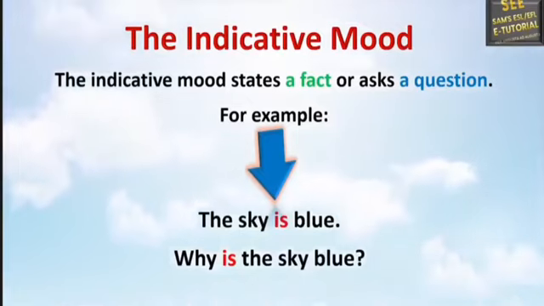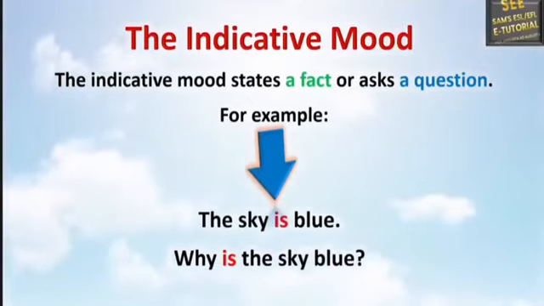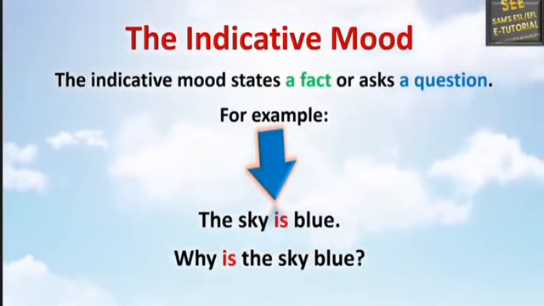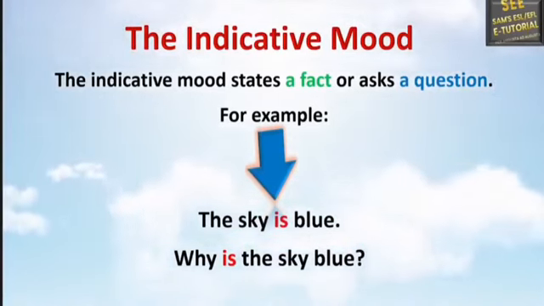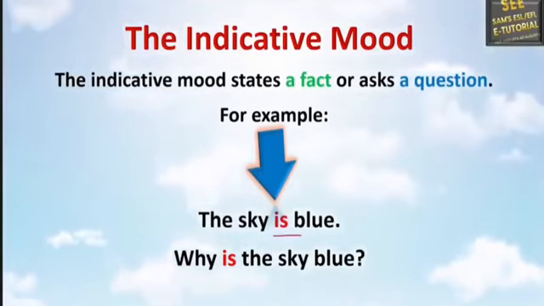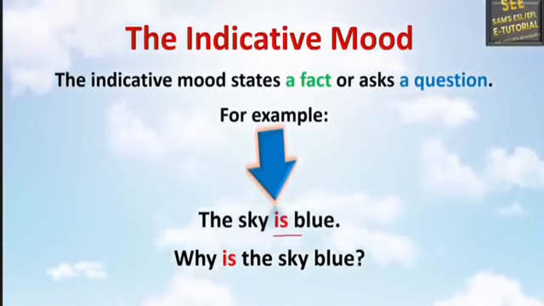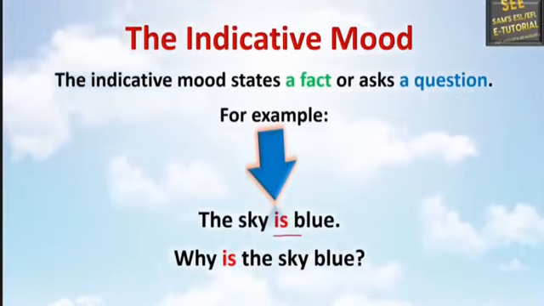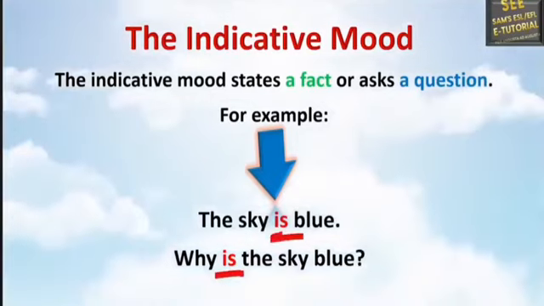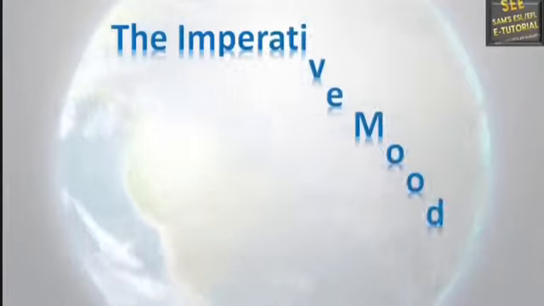So the primary auxiliary verb here, as we can see, has actually helped us express the indicative mode. Take a look at the primary auxiliary verb there, is. It has actually helped us to express the indicative mode.